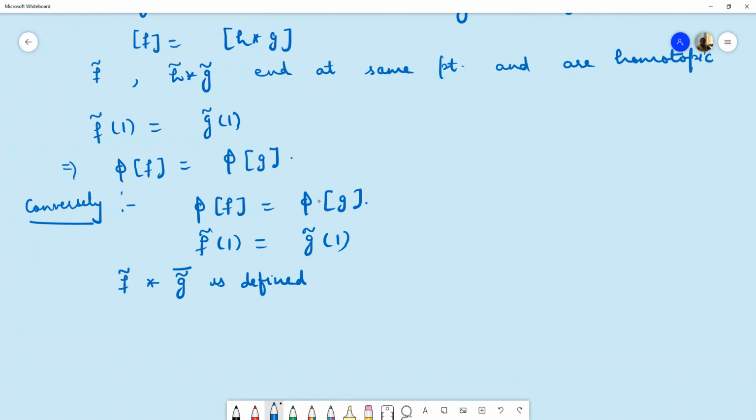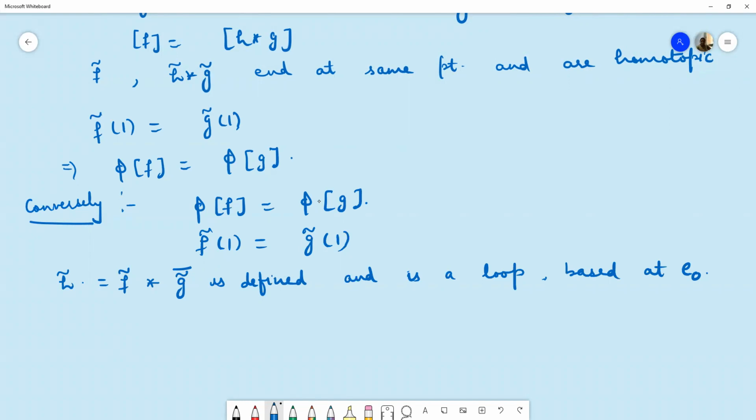And since f curl and g curl have the same starting point at point e naught, this product of paths is a loop based at point e naught. Let us suppose that this path is h curl. Assume that this is h curl.